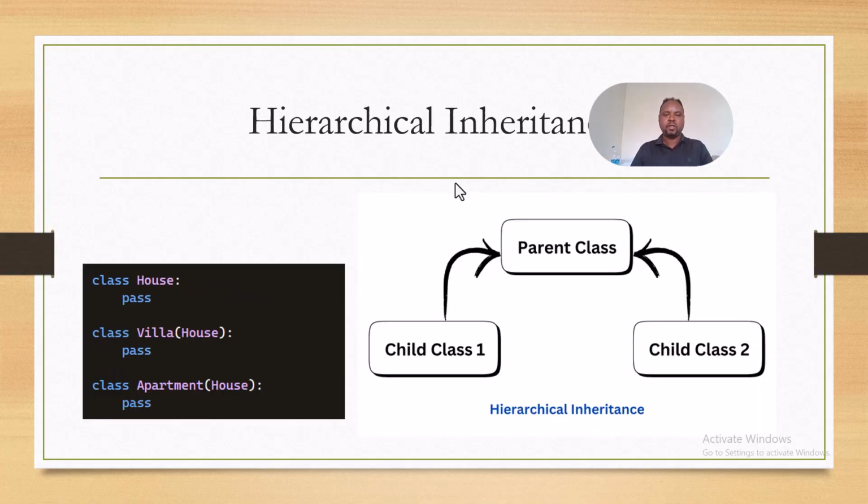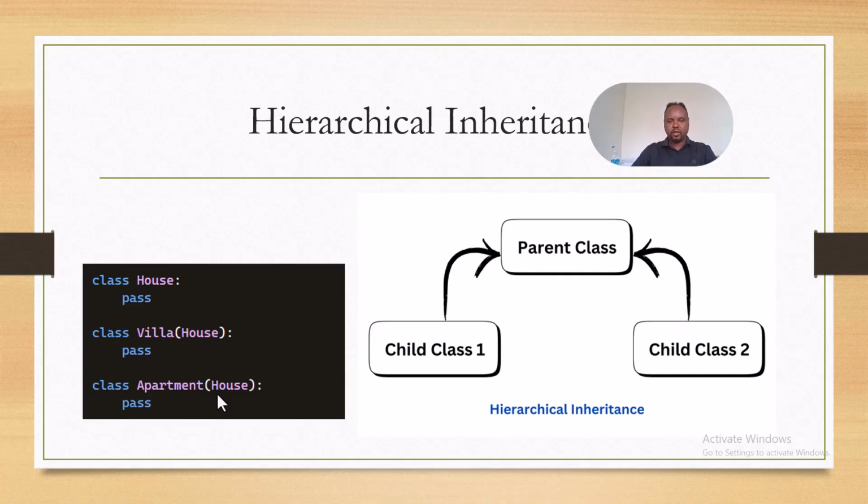The other form is hierarchical inheritance, where we have more than one child class but one parent class, in which both child classes inherit respectively from the existing parent class. This is the relationship between house, villa and apartment, where house is a parent of both villa and apartment.